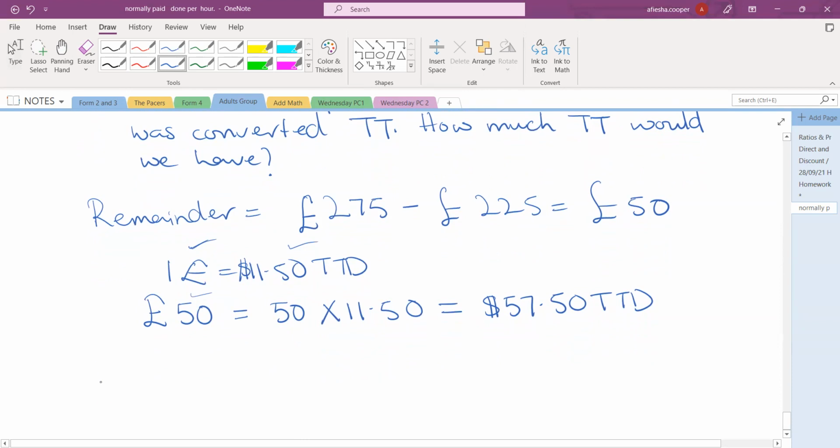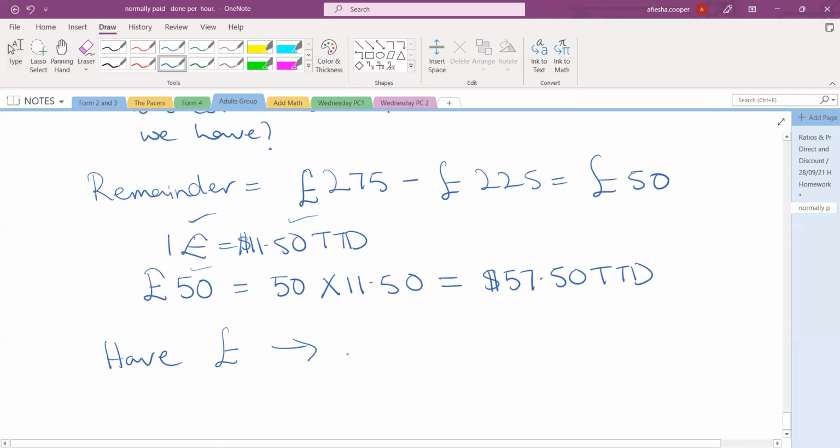So what you're trying to ask is, if we have British sterling, right? And we're trying to convert British sterling to TT, right?